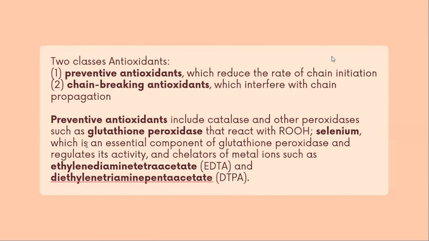Preventive antioxidants include catalase and other peroxidases such as glutathione peroxidase that reacts with ROOH, selenium, which is an essential component of glutathione peroxidase and regulates its activity, and chelators of metal ions such as ethylenediaminetetraacetate and diethylenetriaminepentaacetate, EDTA and DTPA.